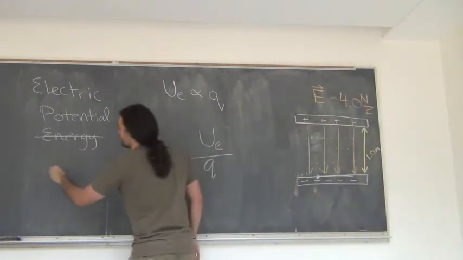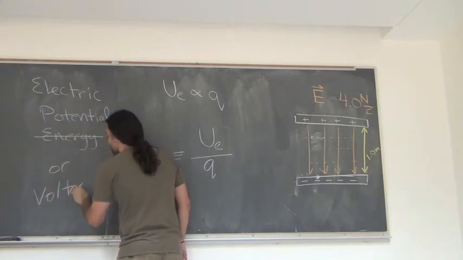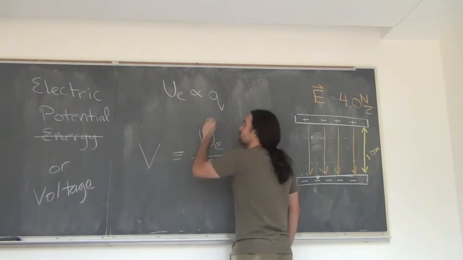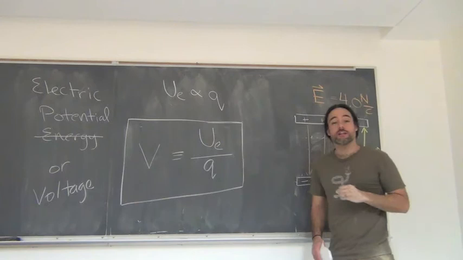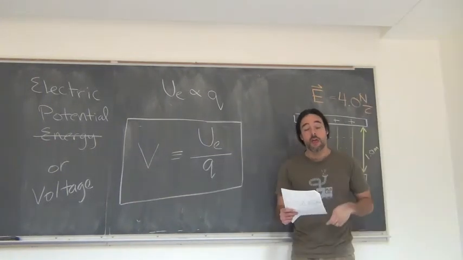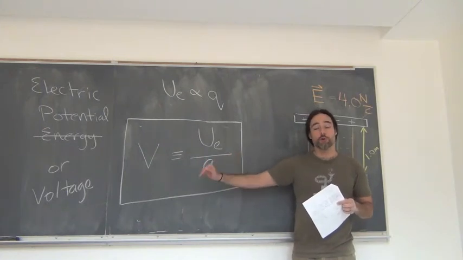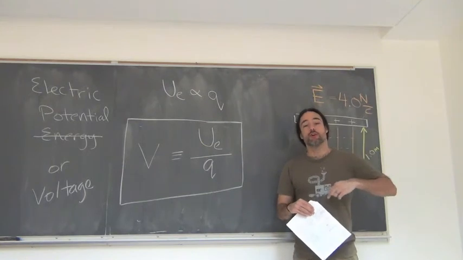Fortunately, electric potential also has another name that I'll try to stick to, and that is called voltage. We'll say that the voltage or electric potential is equal to the electric potential energy per unit charge. I should emphasize that the potential or voltage is the same potential and voltage that you see rating batteries.